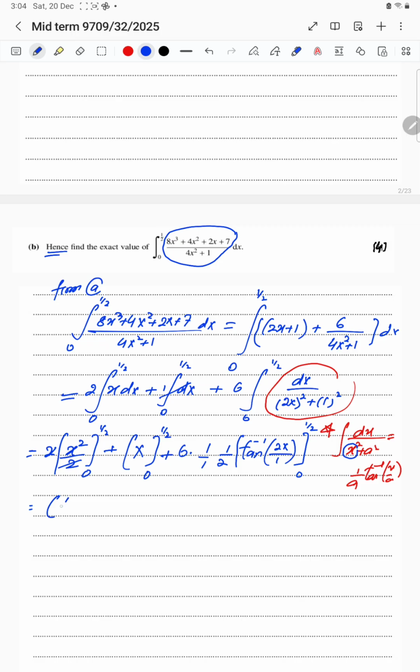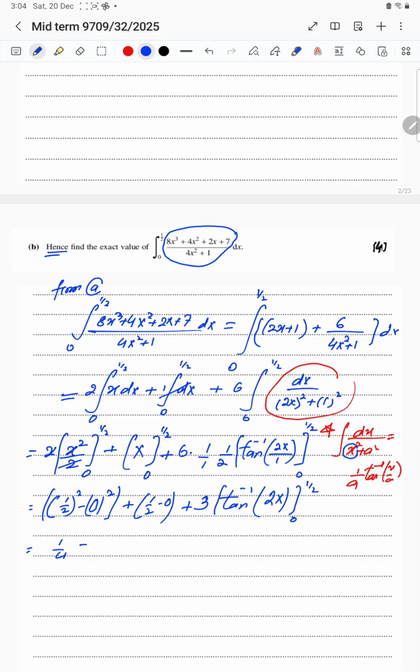I will write 1 by 2 square minus 0 square, this one, plus 1 by 2 minus 0, plus 2 times 3, 6 is 3, tan inverse of 2x, and limit 0 till 1 by 2.